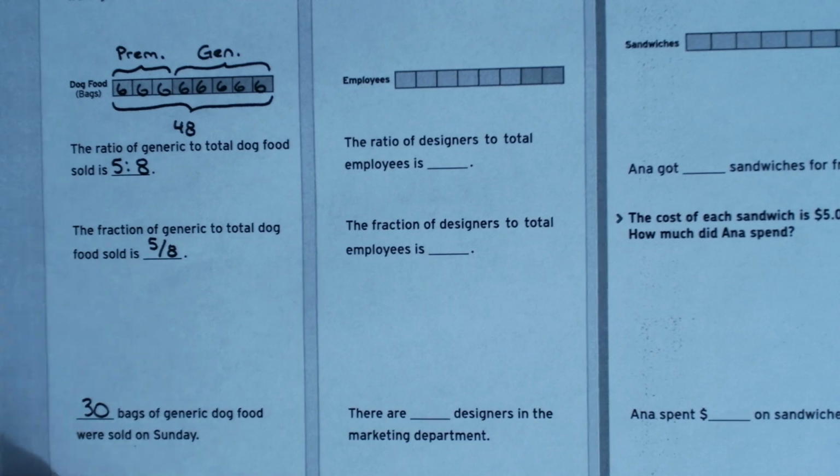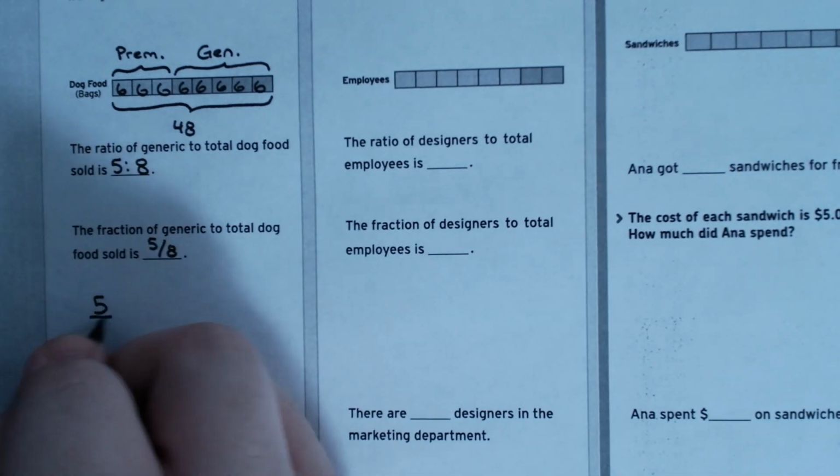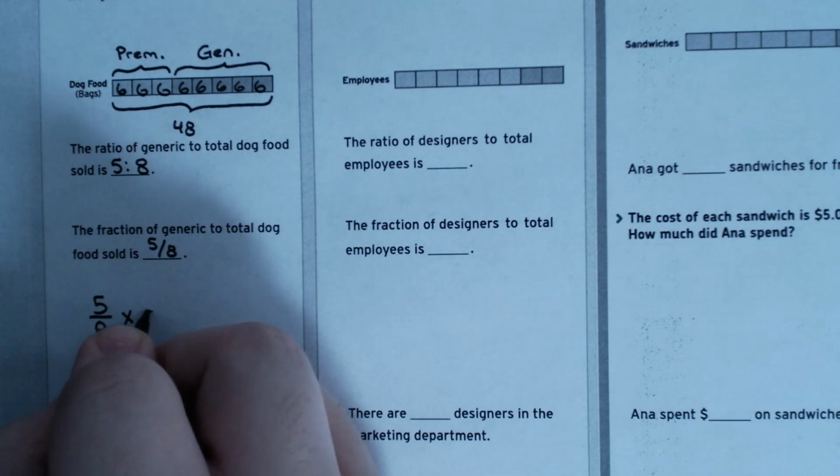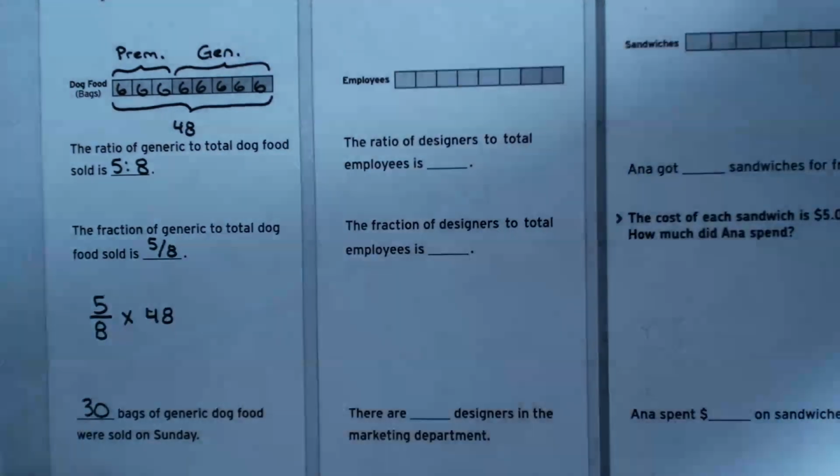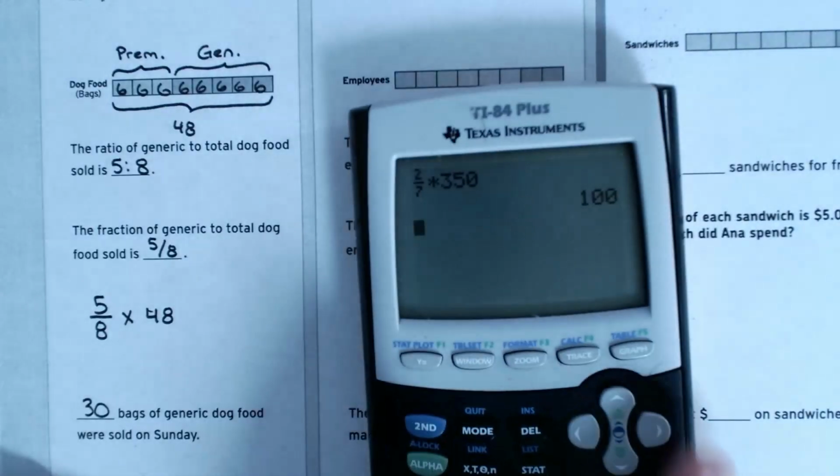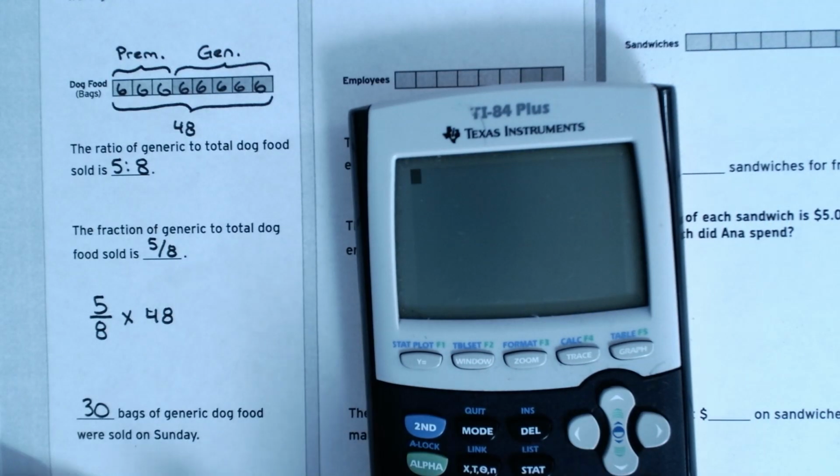To get that 30, we're going to say 5/8 times 48. It comes out to 30.